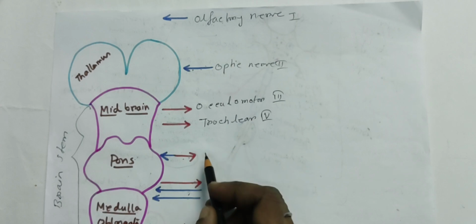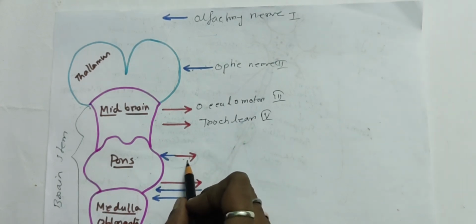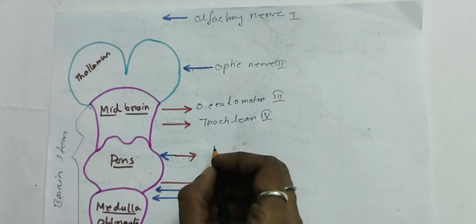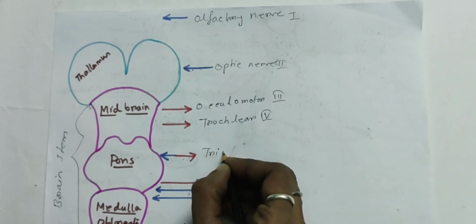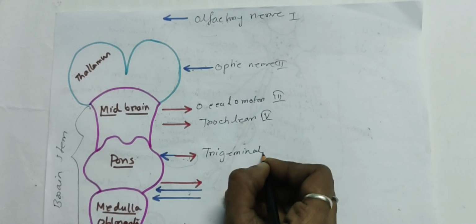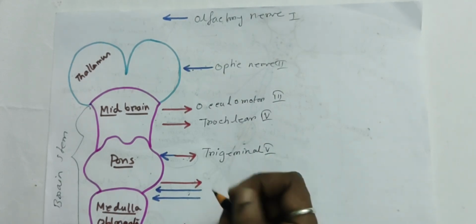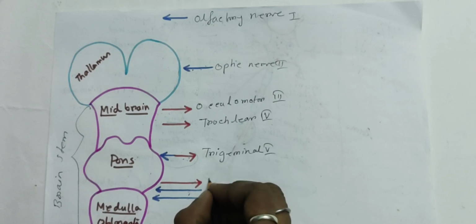Now come to the fifth one, that is associated with the pons, and the name of this is trigeminal. It is a motor nerve. Trigeminal. Next, abducens, sixth.